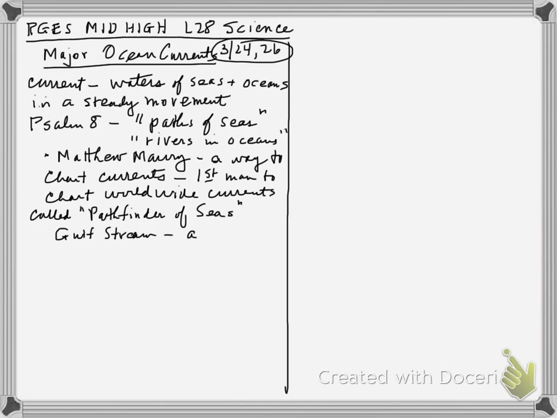This averages about 3 miles per hour. So this is 3 miles an hour. It's like a fairly fast walk. The water's moving through the ocean in this river. Well, currents are primarily caused by winds that blow over the waters. So their cause is wind.